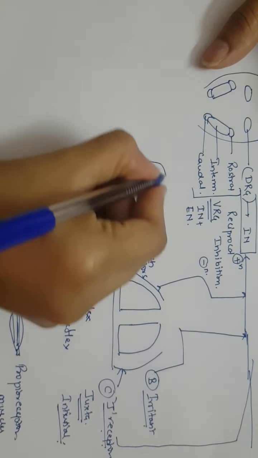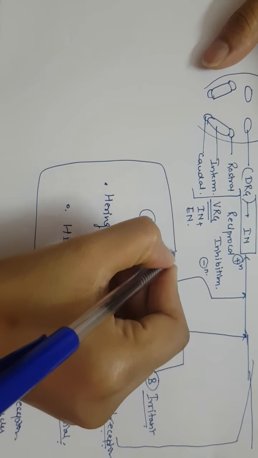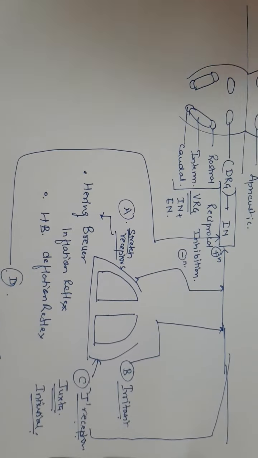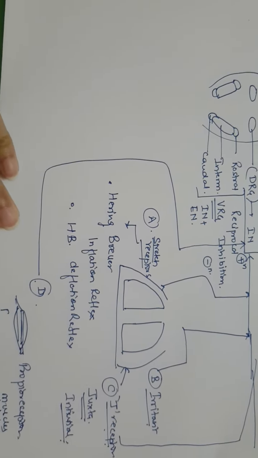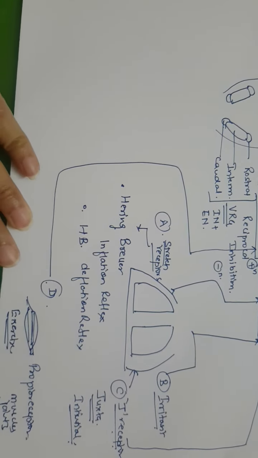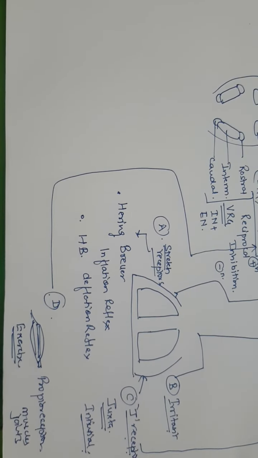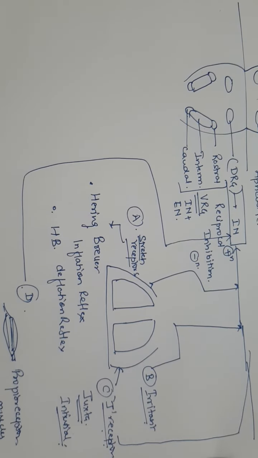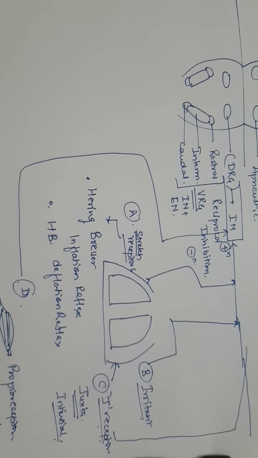They will give afferent to DRG, that is dorsal respiratory group of neurons, and according to the need they will increase or decrease the respiration. As we know, during exercise they will send the impulses to the DRG and there will be increased respiratory rate depending upon the need of oxygen. So this is a neural regulation via reflexes.